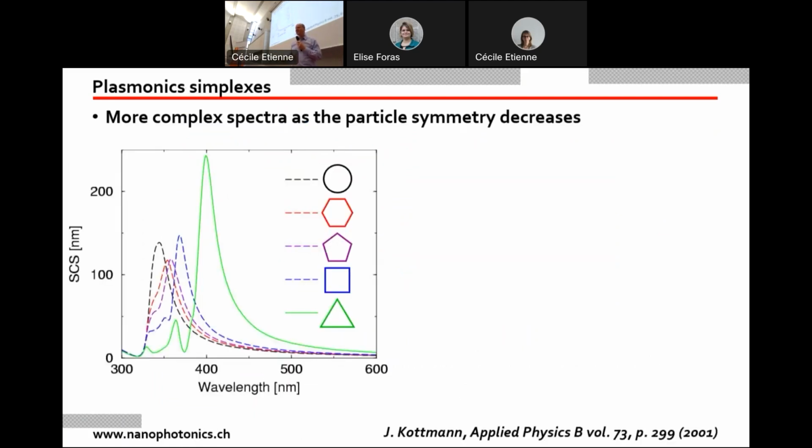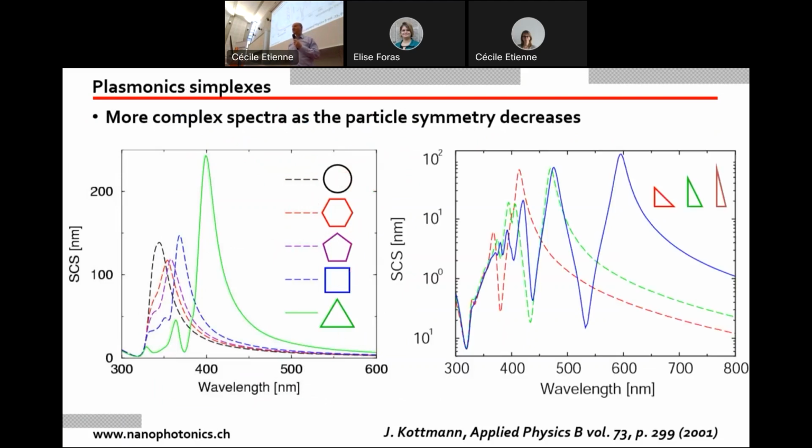We tried actually then to understand, and yes, indeed, it was more like 20 years ago, to understand what was going on, looking at particles from the highest symmetry, decreasing the symmetry, and even decreasing further the symmetry, triangle particles which are quite regular and then have a very high perpendicular to base ratio.